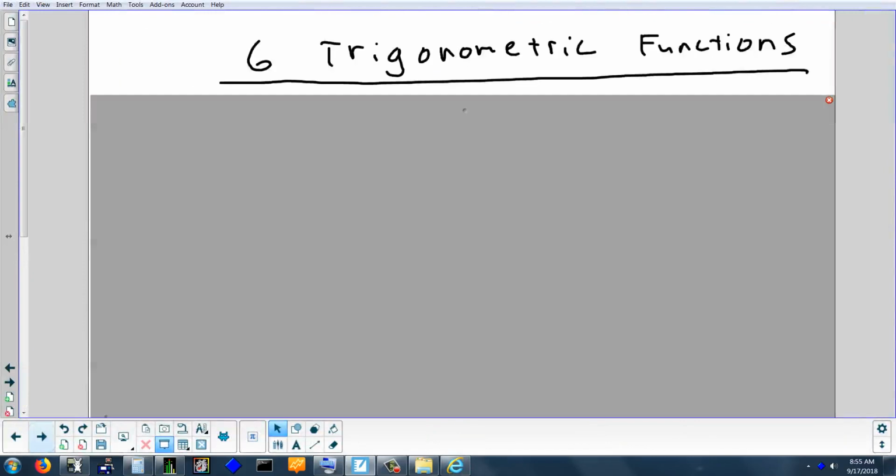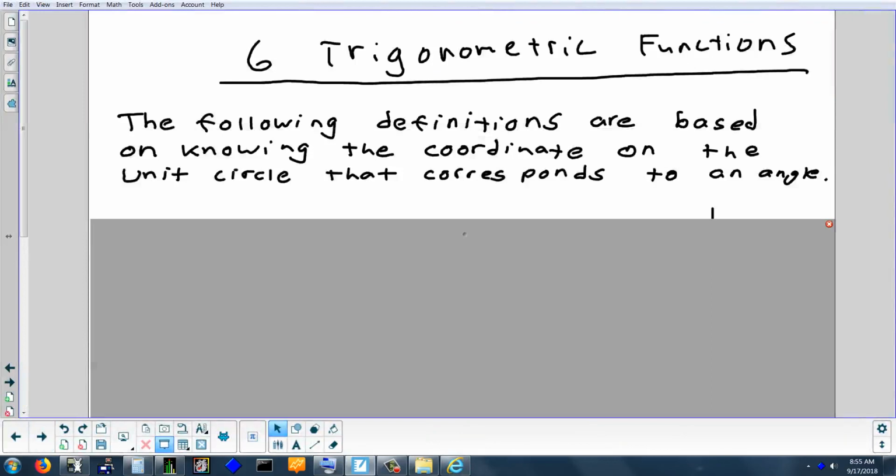All right, so now that we have a coordinate, and the only four that we've done so far are 0, 90, 180, 270, we can take that coordinate and plug it into a formula. So the 6 definitions that I'm about to give you are all based on knowing the coordinate. If you can't figure out the coordinate, or you don't remember the coordinate, you can't do unit circle trig.